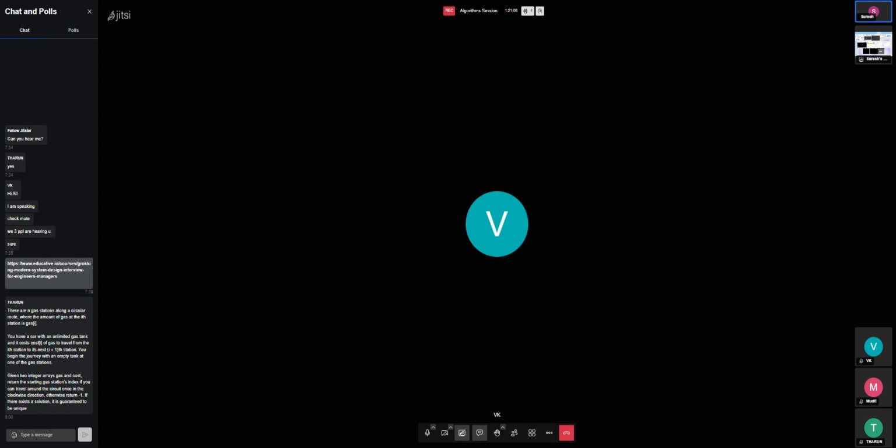S2, we found it. So basically, if the distance is more than your gas, then we will try the next station. So finally, if this loop is also completed, that means you explored all the stations. There is no answer, and simply return -1.